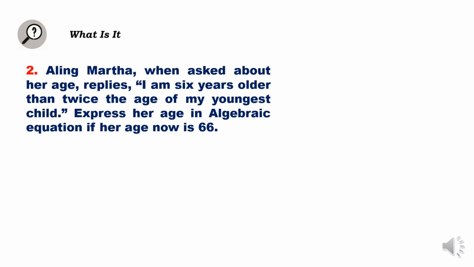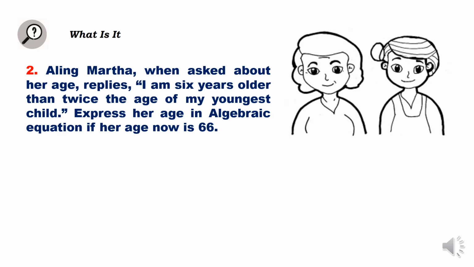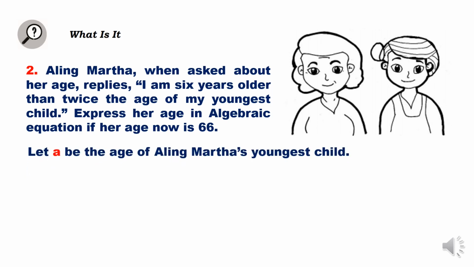Number 2. Aling Marta, when asked about her age, replies, "I am 6 years older than twice the age of my youngest child." Express her age in an algebraic equation if her age now is 66. Let A be the age of Aling Marta's youngest child.